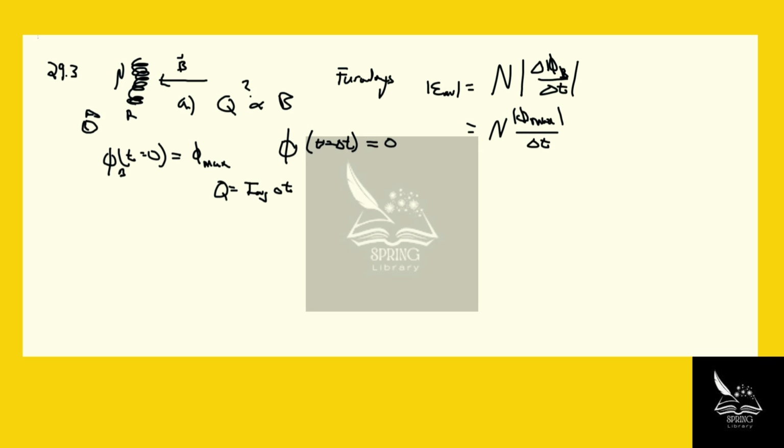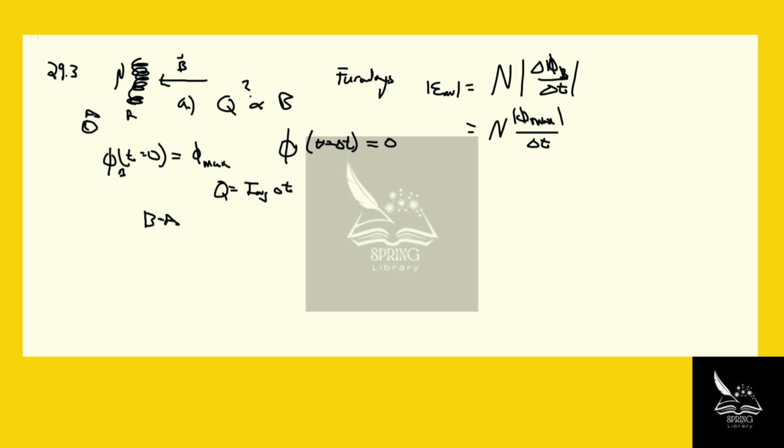They also tell us that the orientation is exactly perpendicular. So we know that flux is given as B times the cross-sectional area.